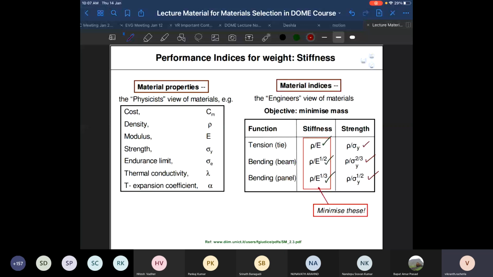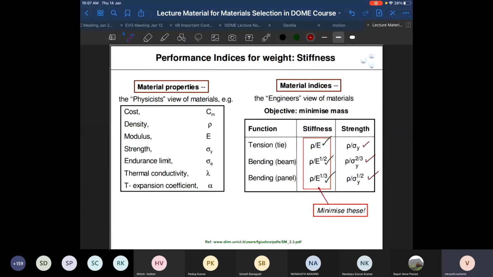Now for a specific example of steel versus aluminium based on stiffness requirement, we had seen that if the member is subjected to tension or compression, then whether it is a steel alloy or an aluminium alloy, both of them would have the same mass.